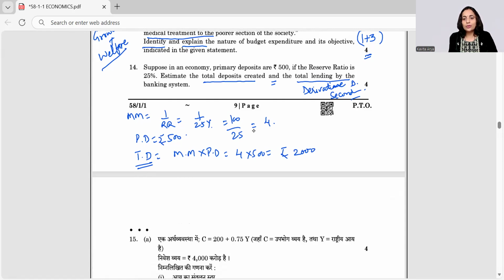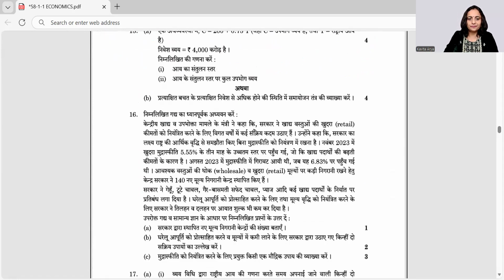So the total lending by banking would be, it's a clear answer, from the total deposits we'll subtract the primary deposits, and the lending done by the bank would be rupees 1,500. I hope this is clear to you.